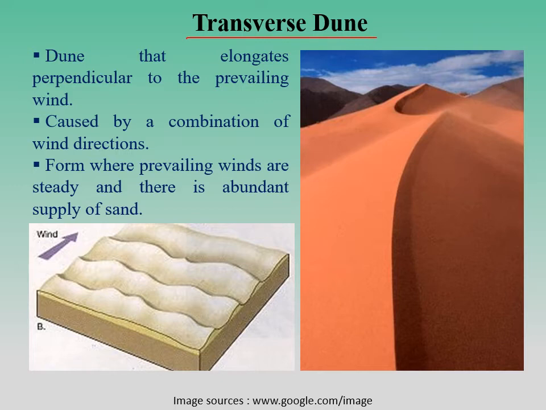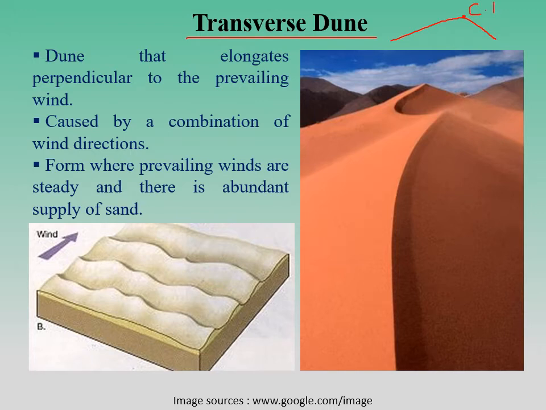That is basically the demarcating portion of the stoss side and the lee side. So this is the crest point. Now this portion is the most curved portion of a dune.